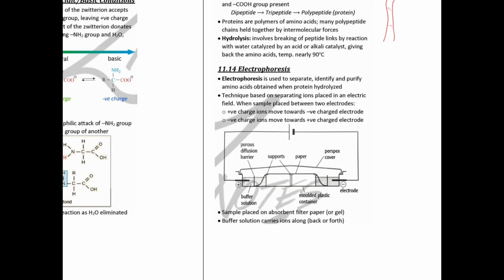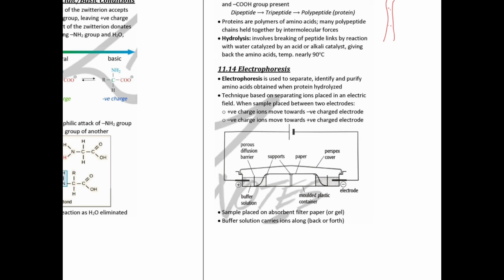As you can see here, electrophoresis is used to separate, identify, and purify amino acids obtained when protein is hydrolyzed. Protein hydrolyzed means you break down the protein's polymer into amino acids.